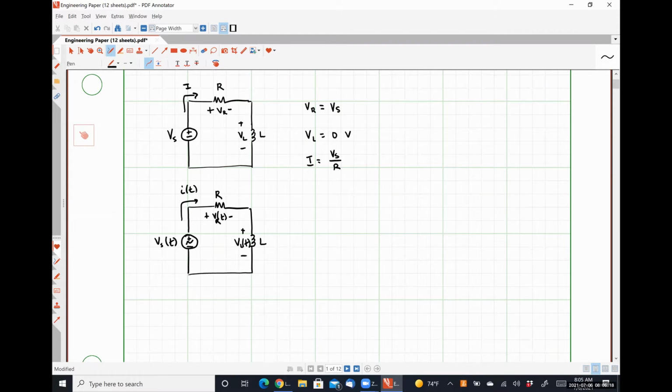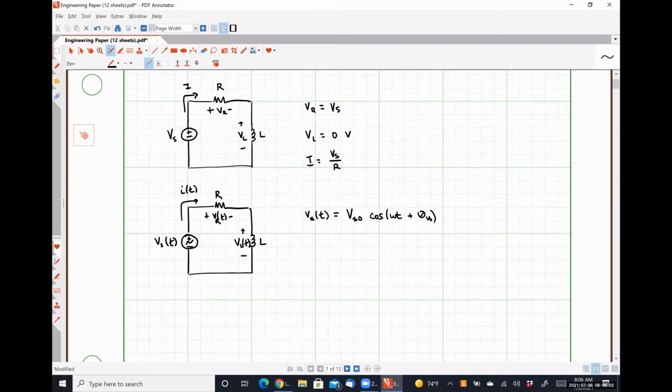Where Vs of t will have some value. I'm going to call it Vs naught cosine omega t plus theta Vs. So we have a sinusoidal forcing function that has some particular amplitude, Vs naught, a particular excitation frequency, omega, and a particular phase angle.